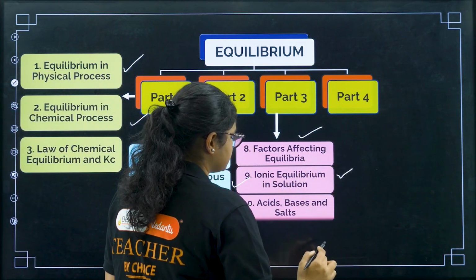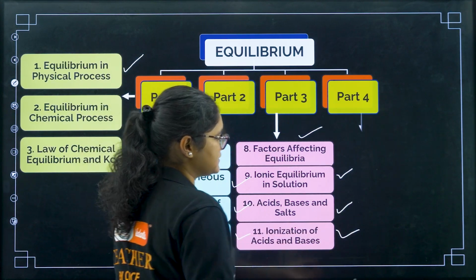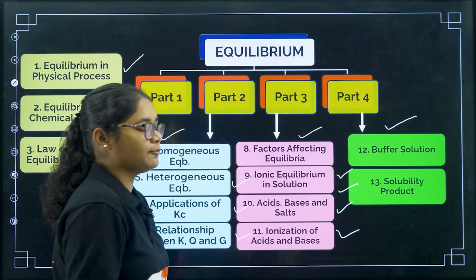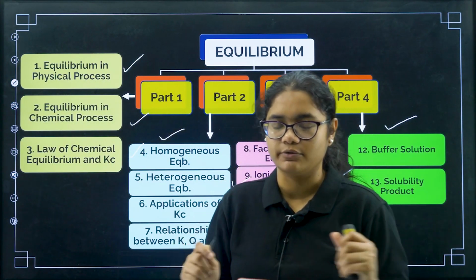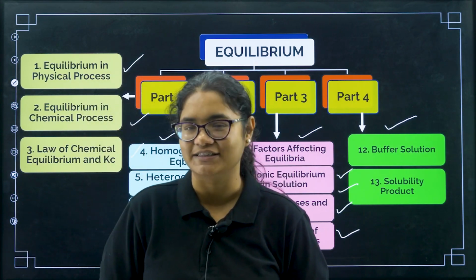Ionic equilibrium will be starting, then acids, bases and salts, ionization of acids and bases, and in the last lecture we will be doing buffer solution and solubility product. It is going to be a very big chapter, but do not worry, I will be teaching you in a very simple way so that you can solve all the questions asked from this particular chapter.